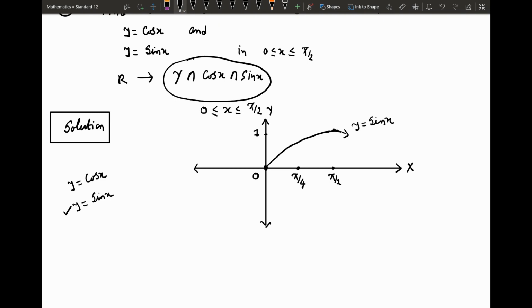Now for y equal to cos x, x 0, cos 0, it is 1. So y equal to 1. Pi by 4, 1 upon root 2, and cos 90 is 0. So this is the curve y equal to cos x, and this is the y axis.